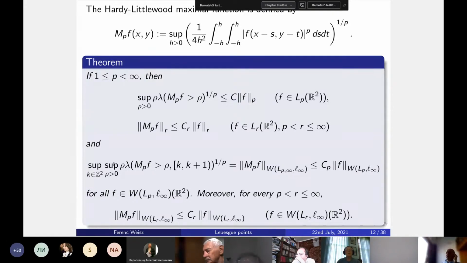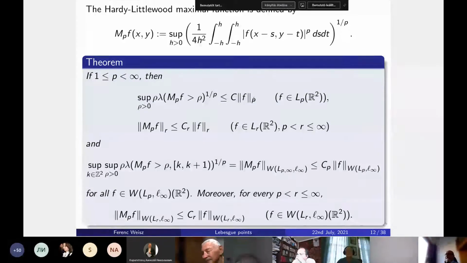You can see that with this supremum we take the weak L_p norm over a unit cube, and then the supremum over all k. So this is the weak L_p, L infinity norm, or the corresponding Wiener amalgam space. And this weak norm can already be estimated by the L_p, L infinity norm of f.